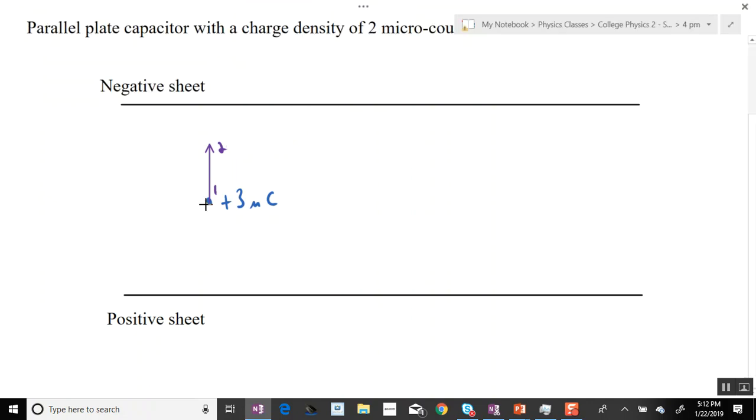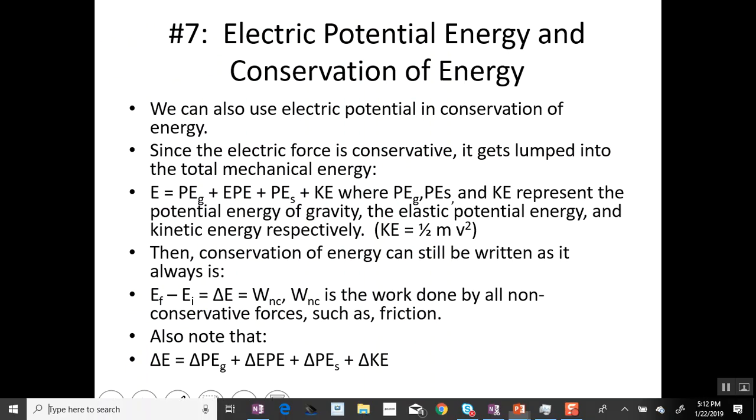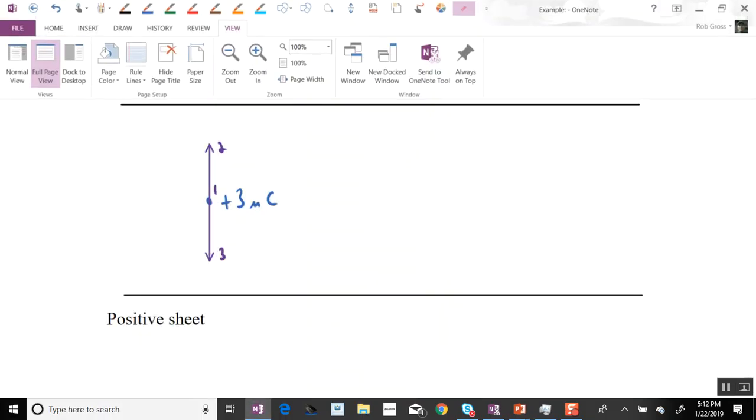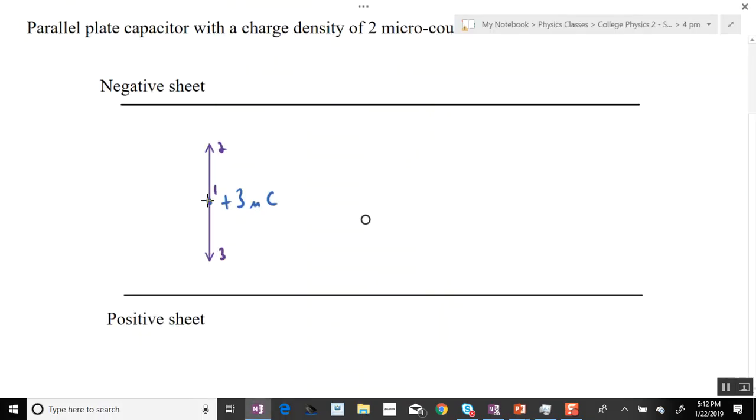So when it goes from 1 to 3, it goes down by some amount, which I'll tell you in a minute. And when it goes from 1 to 4, it goes to the left some amount. So this, straight to the left.